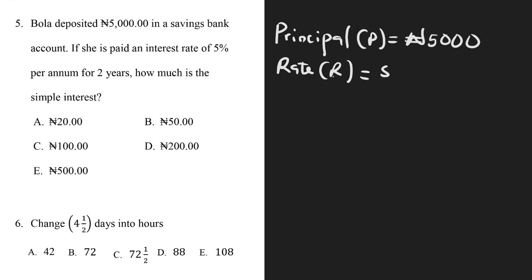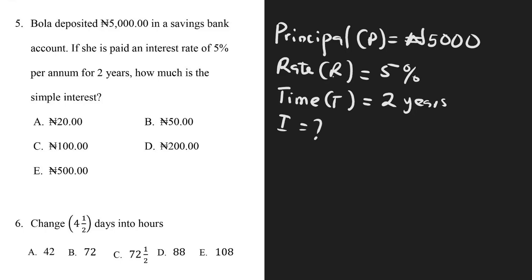So we have 5%. Then the time, it was what? 2 years. So time, which is always T, is 2 years. And how much is the simple interest? Remember, we are looking for the simple interest, we don't know it.